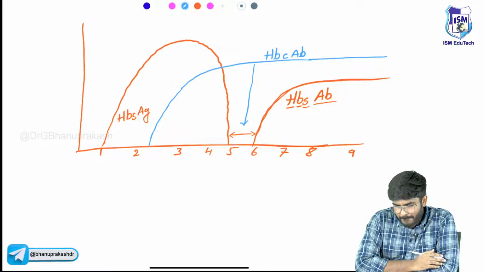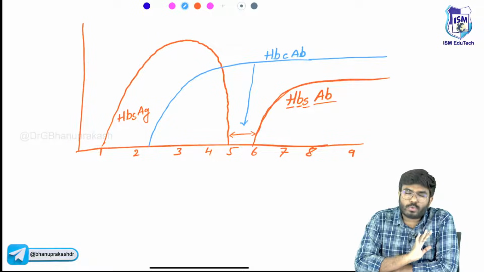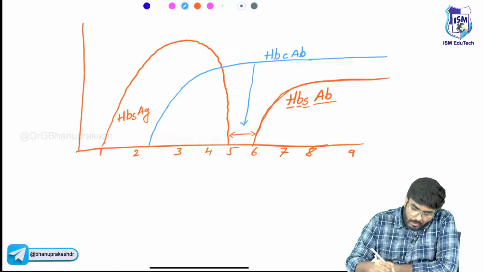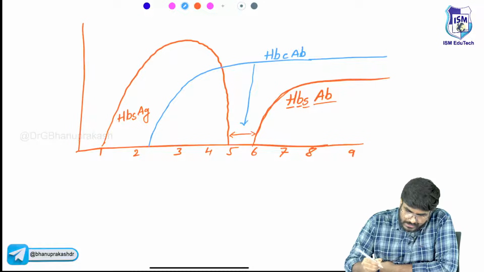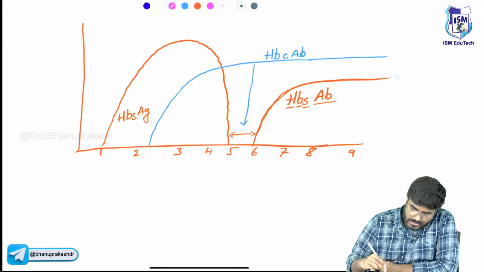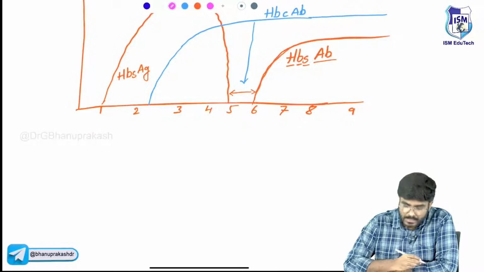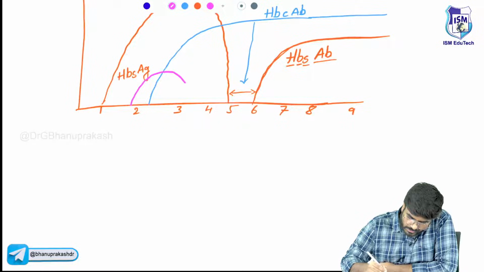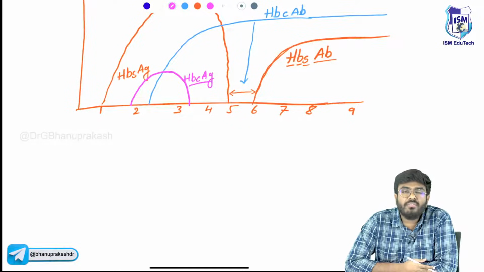Understood. Now, what about the hepatitis B E antigen? Sir, what does hepatitis B E antigen indicate? Let me show you here. This is hepatitis B E antigen. It indicates infectivity.